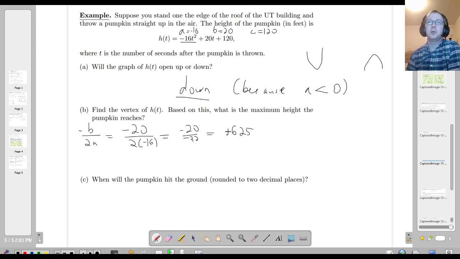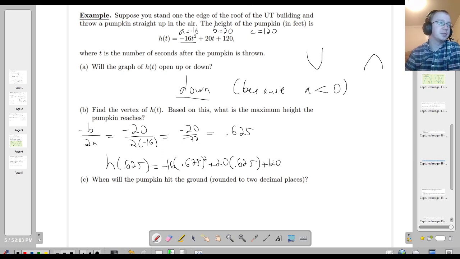So that's the x-coordinate of the vertex. Now to find the y-coordinate of the vertex, all I need to do is take that number and plug it into the function. Okay, so I'm plugging that number into my function for t, and I'm just going to see what that gives me.